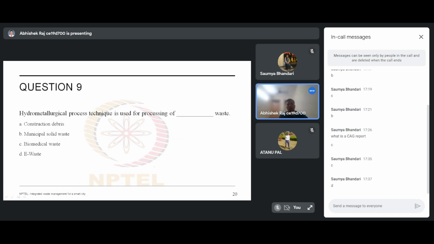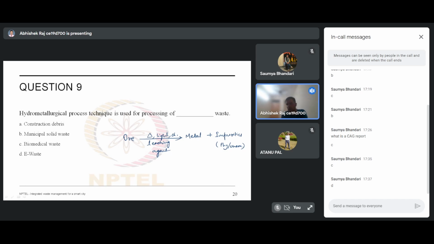Okay. So hydrometallurgy is a process of mineral extraction. We will have an ore, and we'll use our leaching agent. In the presence of certain catalysts, there can be heat, light, or some other chemicals as well. In the presence of these, the leaching agent tries to leach out the metal from it, and the impurities will also be there, which will be separated using some physical or chemical process.